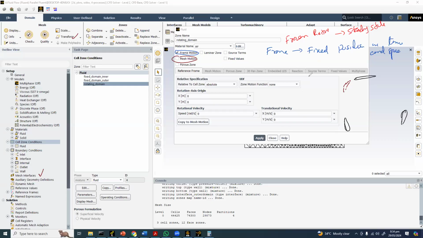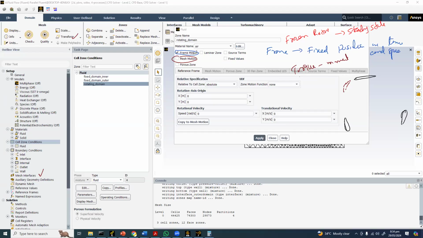Torque and moment are the same thing. The movement around the axis is basically torque. So from torque, we can find the power, that is, torque times omega is power. Now the question is whether we should go with frame motion or mesh motion.